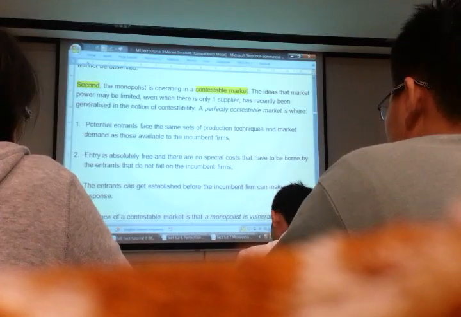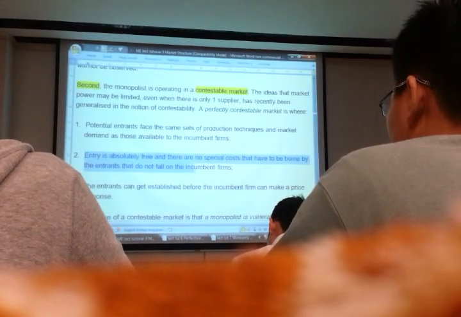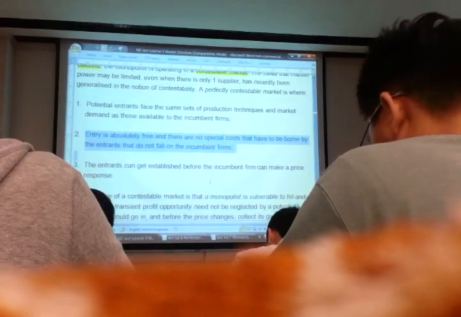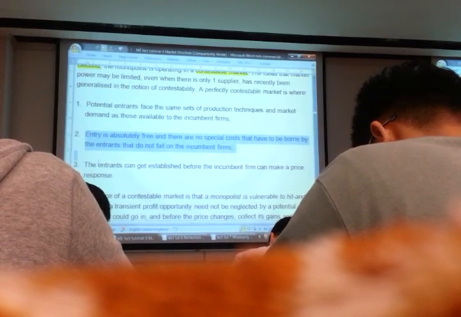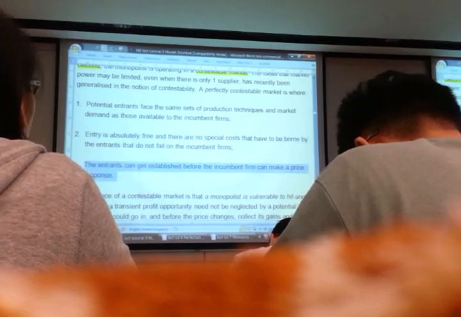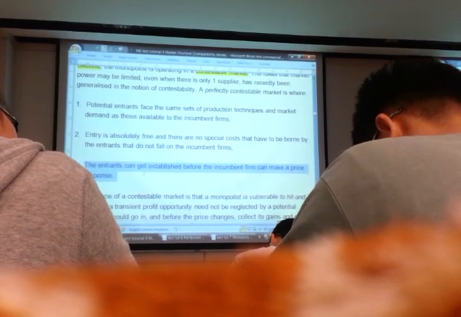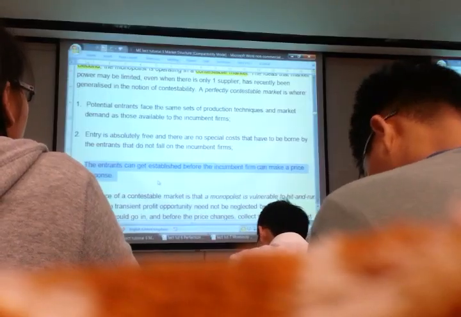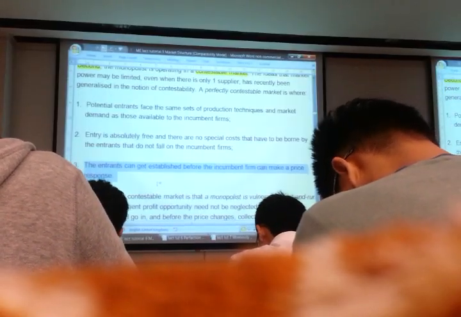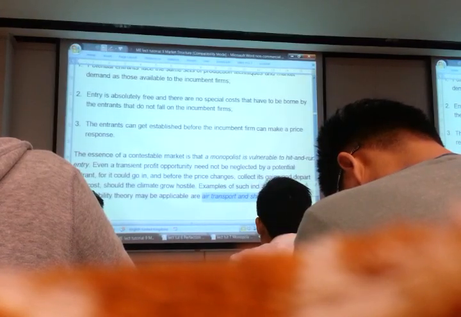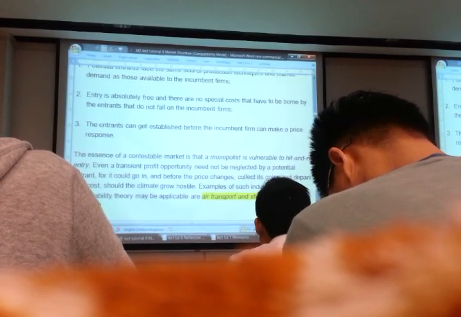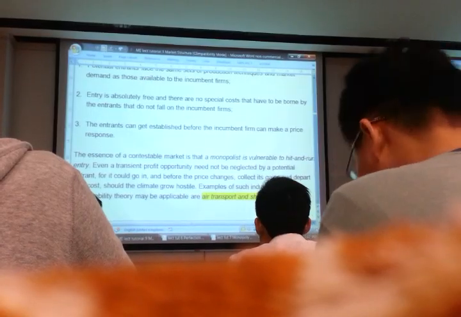Now, entry is absolutely free. There are no extra costs to come in. So what happens in a contestable market is that the new entrants can establish themselves before the monopolist can lower its price. For example, air transport, air cargo, shipping companies, shipping freight.